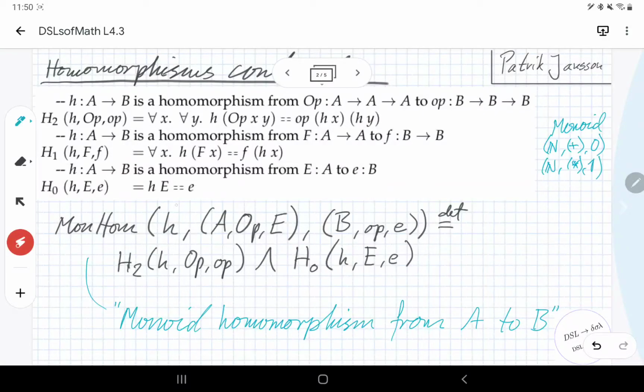It just says that this function h, to be a monoid homomorphism, should be an h2 and an h0. So the same h should take the capital op to the lowercase op and capital E to lowercase e.